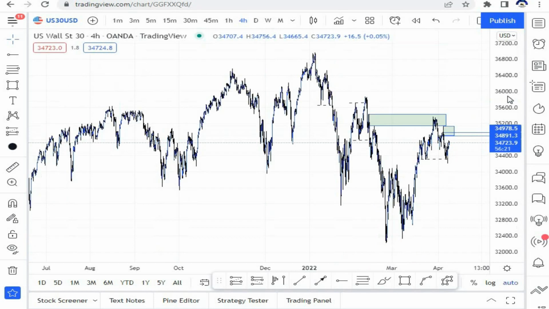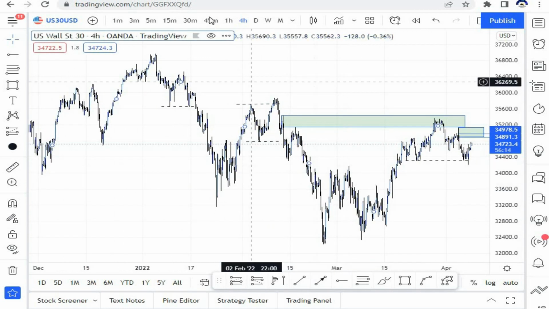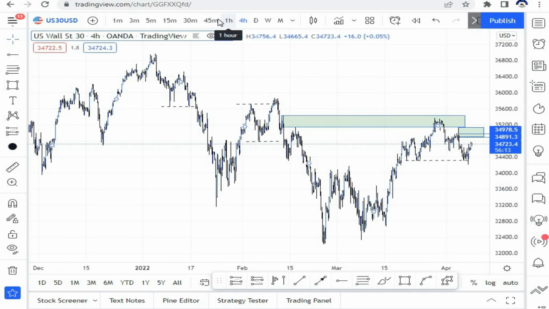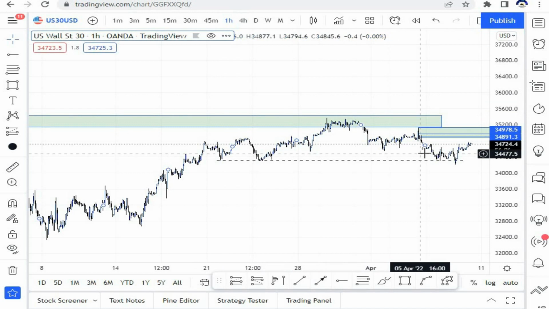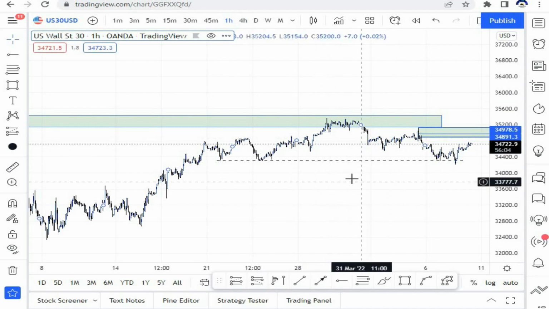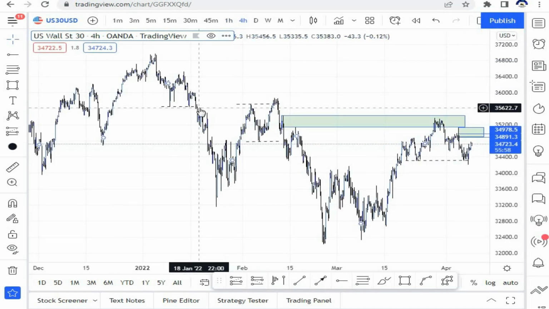You just have to use the time frame which you see suitable for yourself, because if you use every time frame, guys, you're going to confuse yourself. Especially if you use H1, you're going to confuse yourself, because in H1 the price will create a lot of structures. So if you use H4 time frame, it's good for you to follow and understand where the price is coming from and where the price is going next.